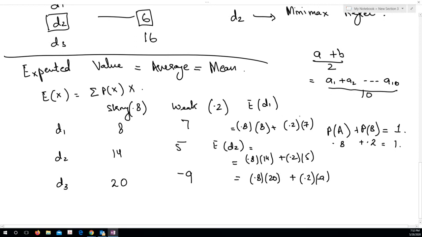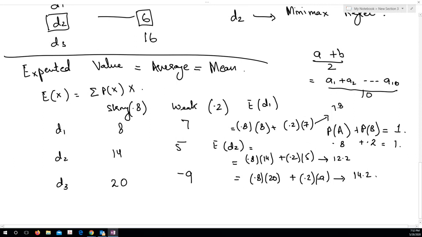And we can find each of these expected values. This thing comes out 7.8, this thing comes out at 12.2, and this thing comes out 14.2.